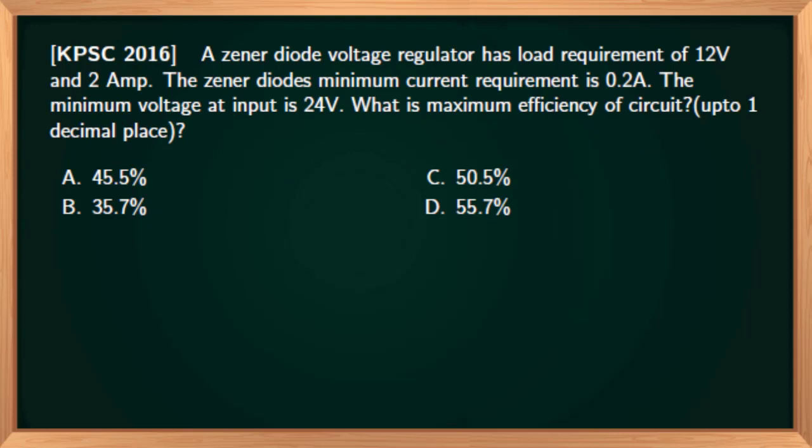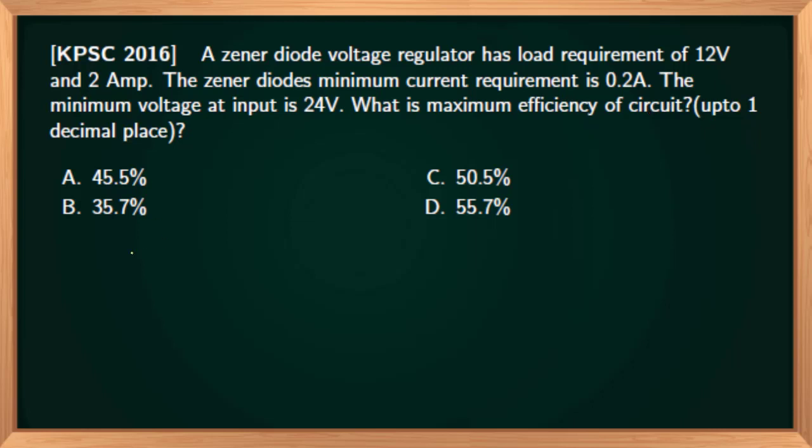Here we have a problem. A Zener voltage regulator has a load requirement of 12 volt and 2 ampere. The Zener diode minimum current requirement is 0.2 ampere. The minimum voltage at input is 24 volt. What is the maximum efficiency of the circuit up to 1 decimal place?